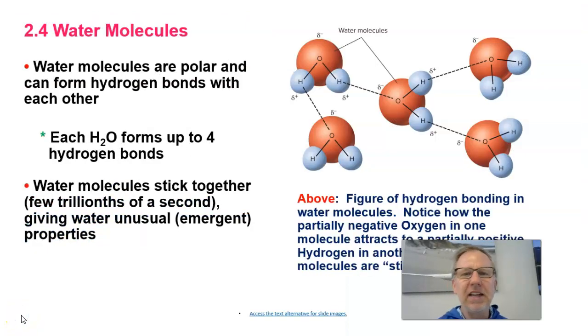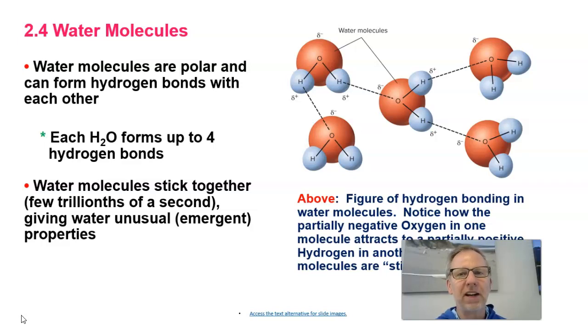So we need to begin by reviewing the structure of water molecules. First and foremost, they are polar. So remember what that means and why they are that way. They are that way because every water molecule is made of an oxygen and two hydrogens. And those oxygen atoms are very electronegative.